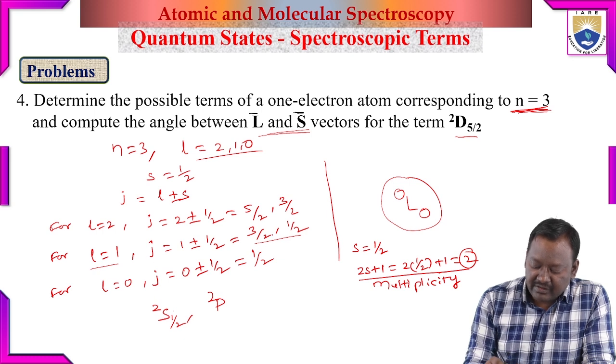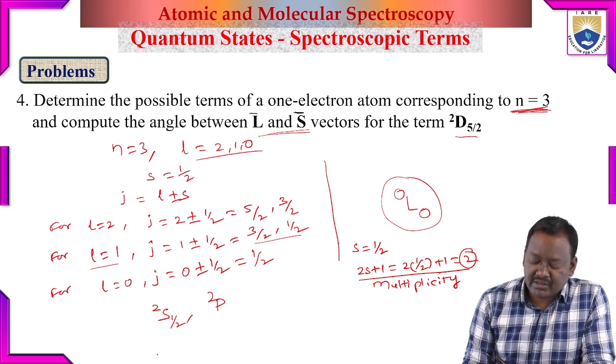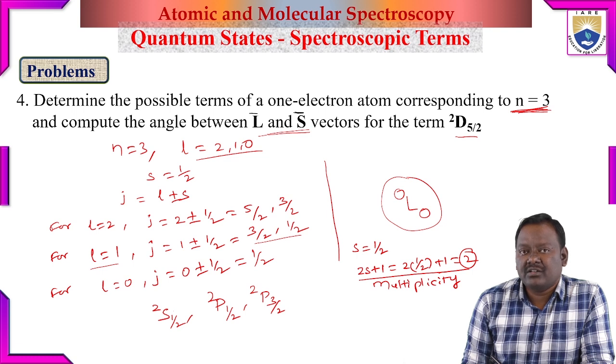So J values can be either 1 by 2 or 3 by 2. So 2P 1 by 2 is one state of the electron, and 2P 3 by 2 is another state of the electron in the orbit n equal to 3.